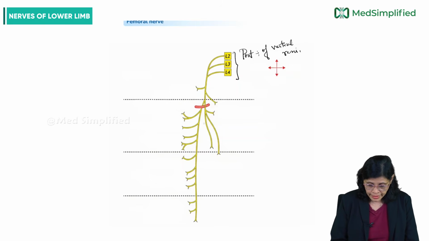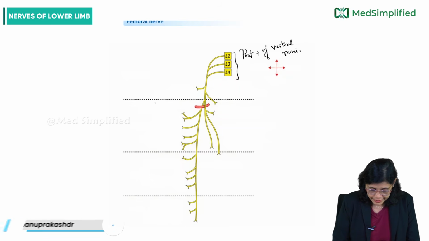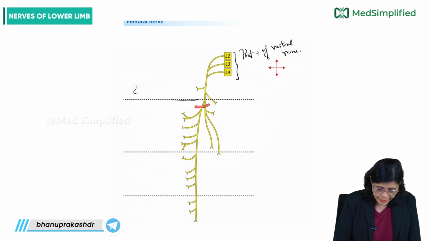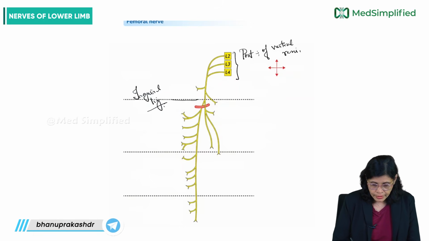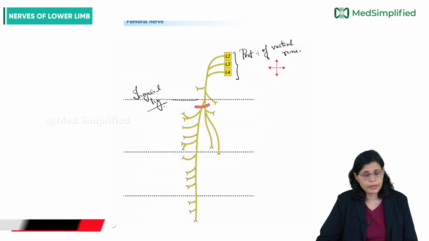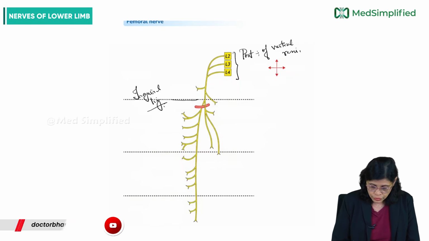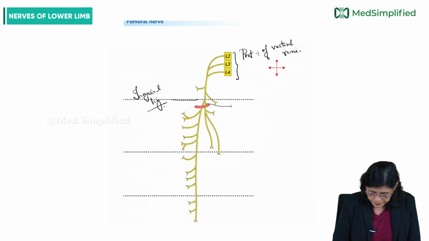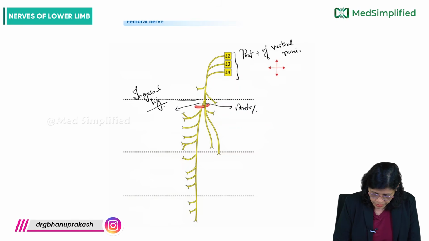It has a very short course once it enters the thigh. It runs for about 2 centimeters distal to the inguinal ligament, where it divides into anterior and posterior divisions. This is the anterior division here, and this is the posterior division.